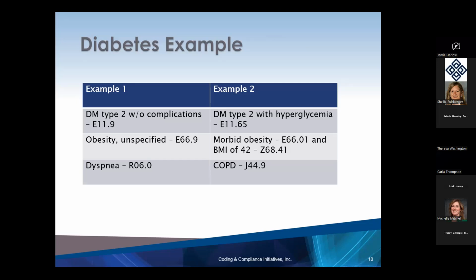When we look at the BMI, are they really obese unspecified, or are they morbidly obese or class 3 obesity? And then dyspnea. Are they having dyspnea because they have COPD? So again, we're trying to tell the story of the patients you are taking care of through our diagnosis codes, because no one knows your patients.